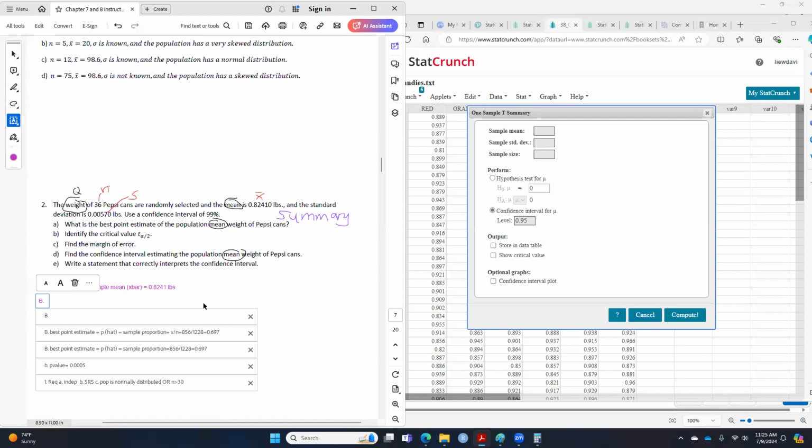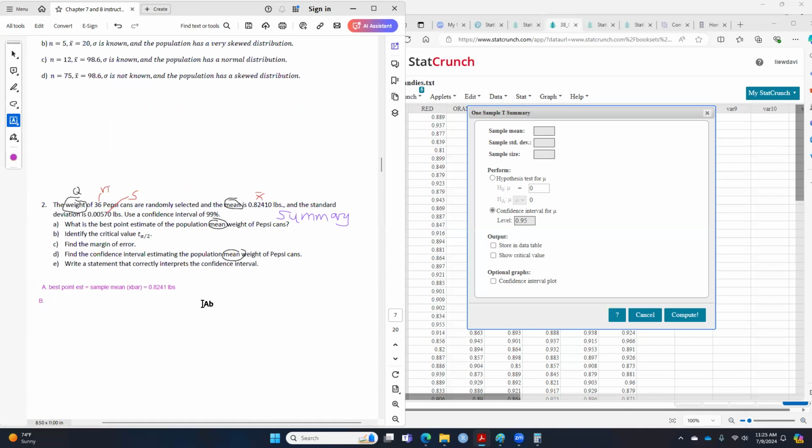You go to Stat, again, not point. Stat, Calculator, T. The degree of freedom that you enter here is n minus 1. We have n is 36, so 36 minus 1 is 35.